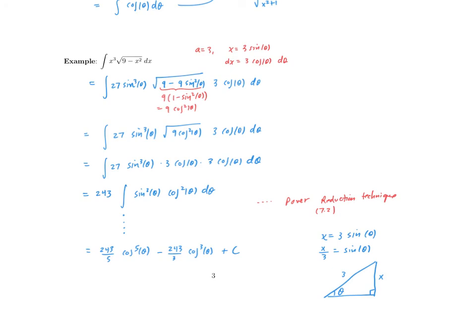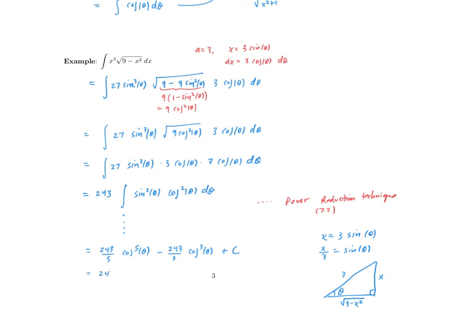Using the Pythagorean theorem, the bottom leg would have length square root of 9 minus x squared. Note, once again, this square root of 9 minus x squared was the term that prompted this trig substitution. Cosine theta is going to be that square root of 9 minus x squared over 3. So we need to substitute that in for both of the remaining cosines.